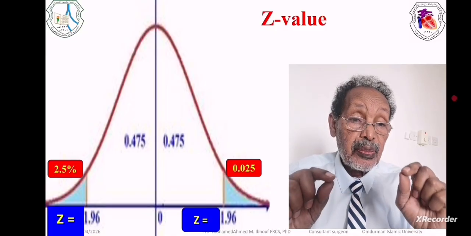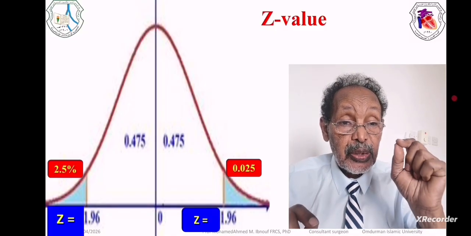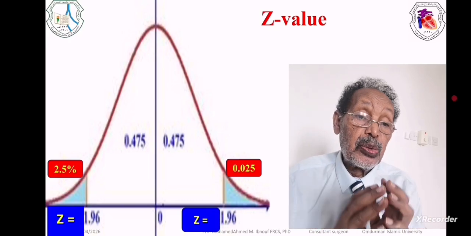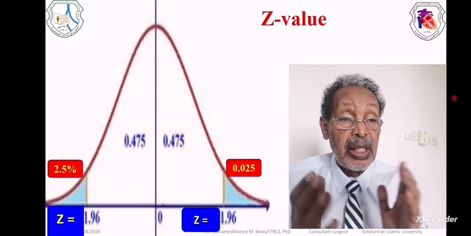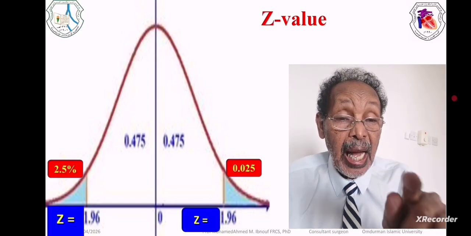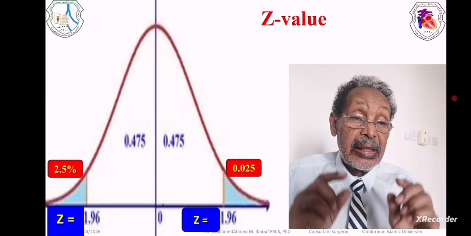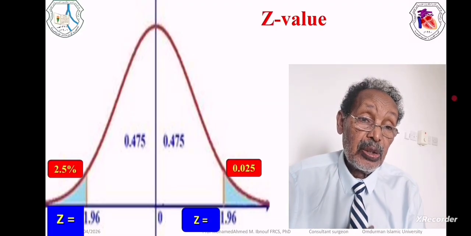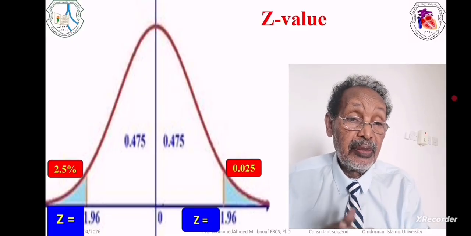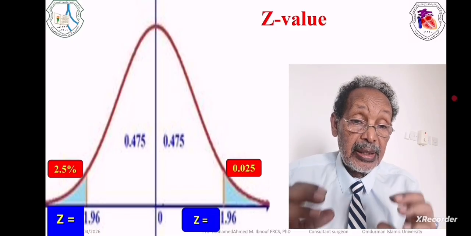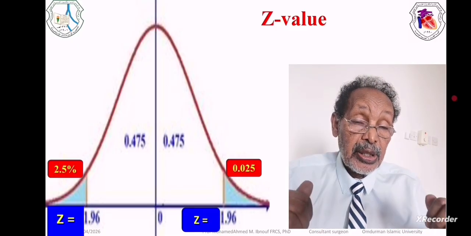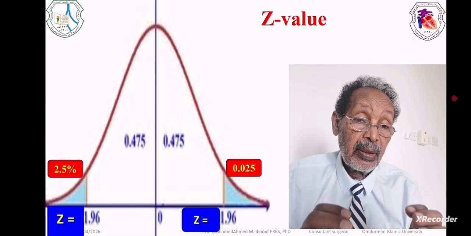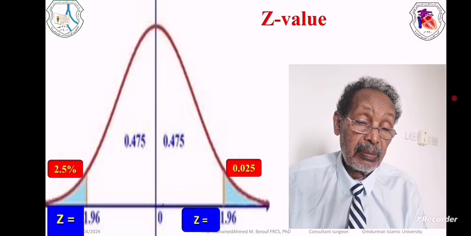The distance of each single datum from the mean is usually measured by the standard deviation. And the Z value is a measure in units of the standard deviations. So it works like the standard deviations. It is a measure of units of standard deviations.